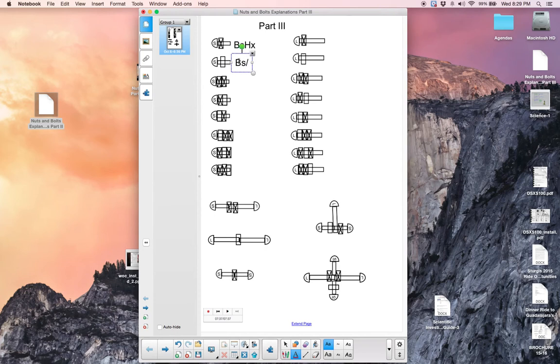And then it's going to be capital S, lowercase q. Notice because we only have one of each, there are no subscripts. No commas, no gaps, no plus signs. And notice the bolt comes first and then the nut.